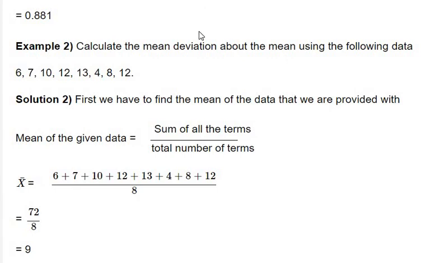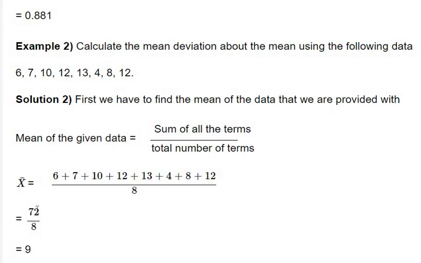So to find the mean, these are the values 6, 7, 10, 12, 13, 4, 8, 12. So we added these values, 6 plus 7 plus 10 plus 12 plus 13 plus 4 plus 8 plus 12. Now we divided it by 8.